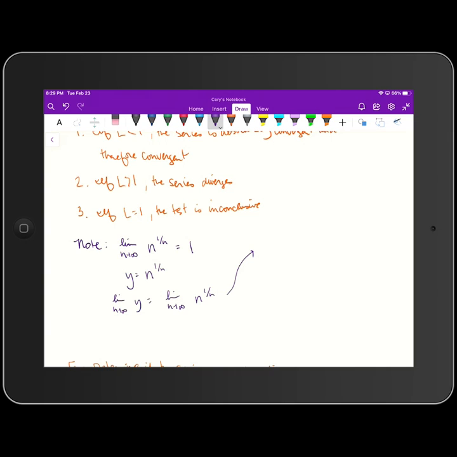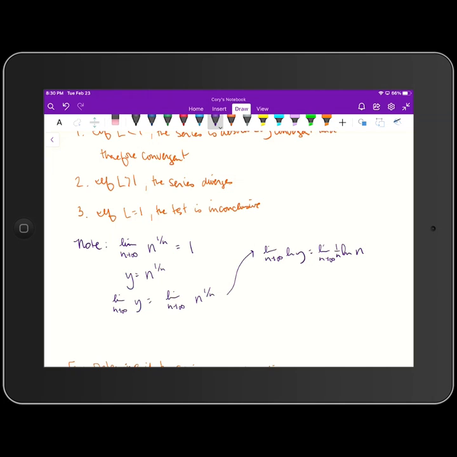On the left-hand side, we get the limit as n goes to infinity of the natural log of y. And on the right-hand side, we're going to take the limit as n goes to infinity of the natural log of n raised to the 1 over n power. Once I take the natural log on the right-hand side, I can pull 1 over n out front as a factor.